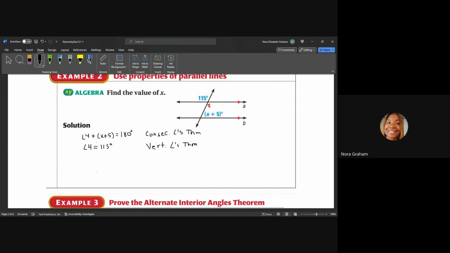Right? Because 115 and angle 4, these are vertical angles, so they're going to be congruent.